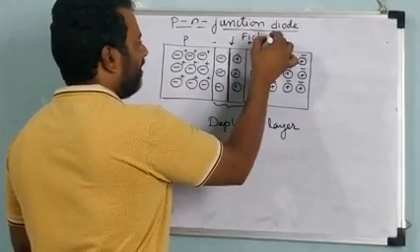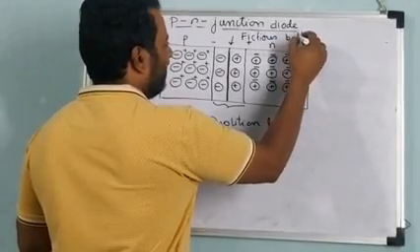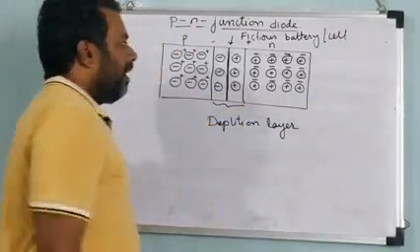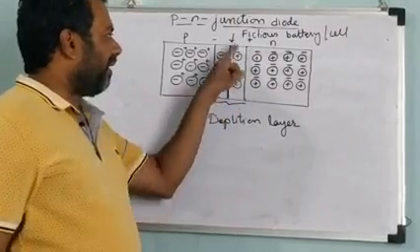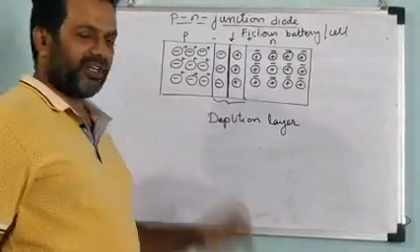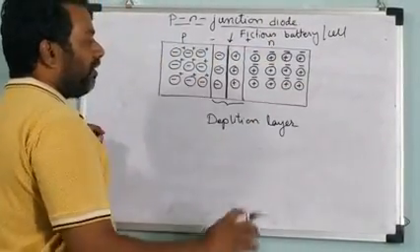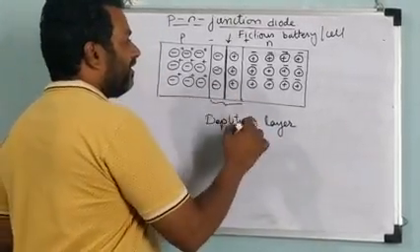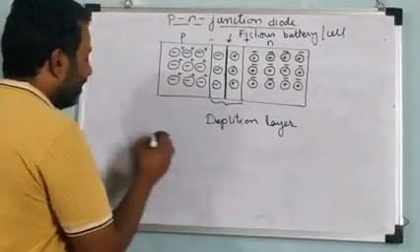Fictitious means imaginary battery, or cell. The depletion layer formed over here behaves like a battery because of the accumulation of charges on the two sides. That fictitious battery does not allow the movement of charges on either side, and hence it is said to be creating a barrier, and that's why we call it the potential barrier.